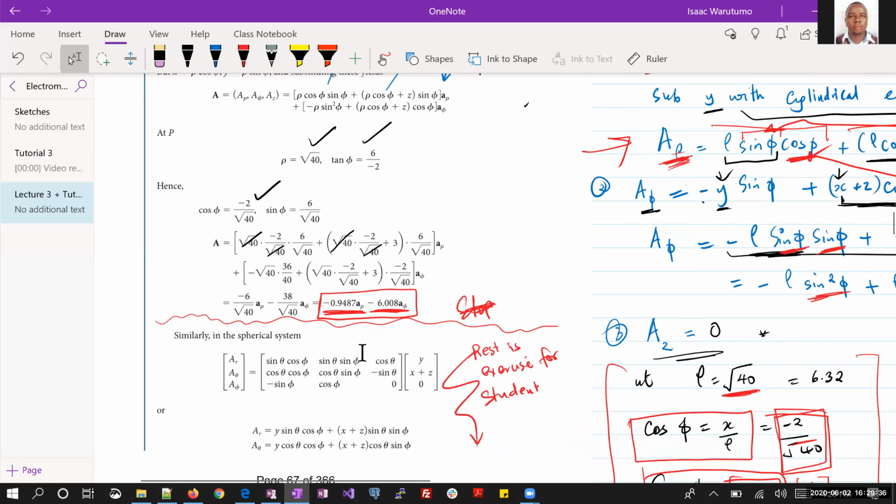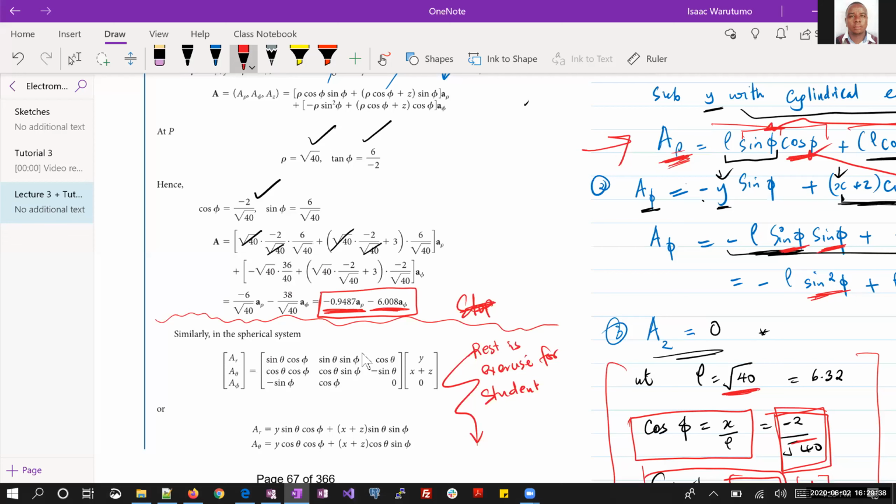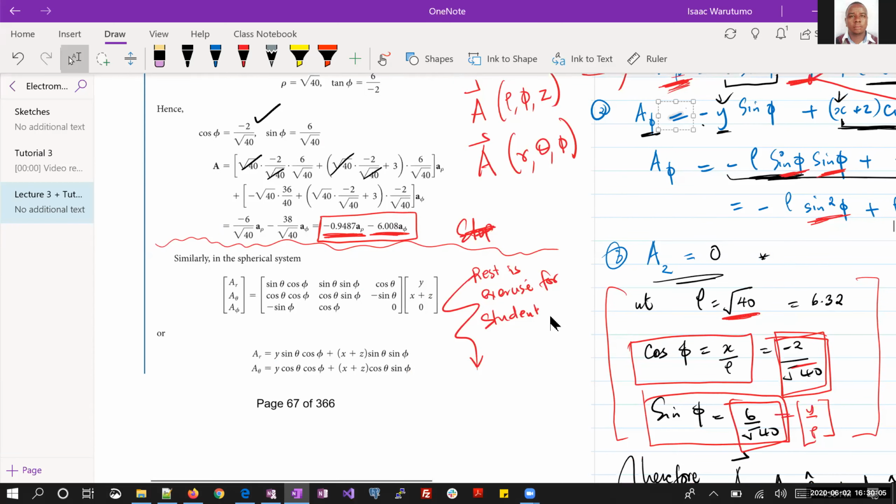So we have done the expression of A in terms of rho, phi, and Z. What we have not done as of now is the expression of A in terms of R, theta, and phi. Notice here that I decided that you don't become the observer, you do this bit. Just follow this example here, and be sure that you are able to do it on your own.